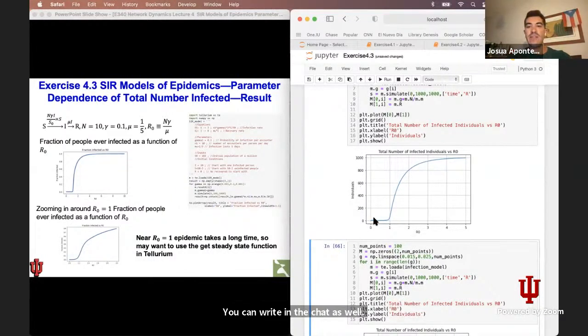So again, this curve is telling you what the final number of infected individuals is, or how many individuals in your population got infected in the epidemic, as a function of R0. So what happens between 0 and 1?